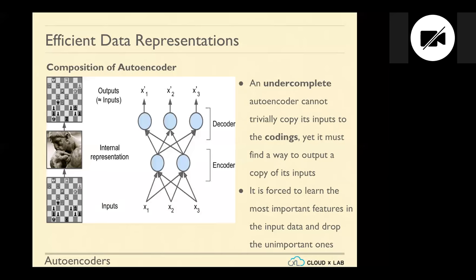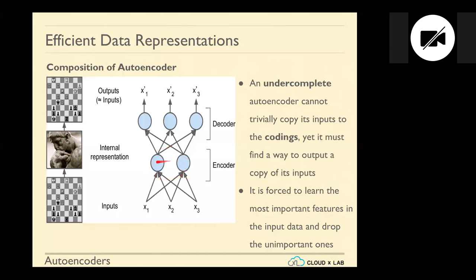All right. So an undercomplete autoencoder cannot trivially copy its inputs to the codings, yet it must find a way to create an output similar to the input. It is forced to learn the most important features. Since it cannot retain everything, here we are constraining it.